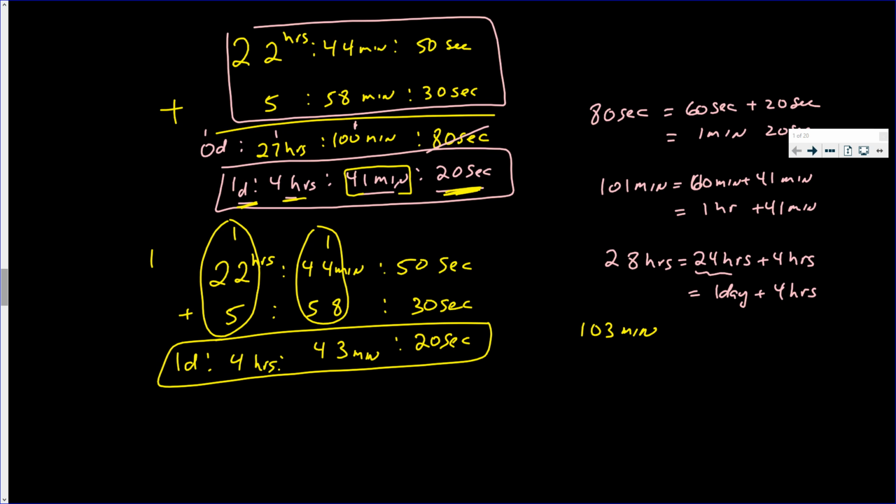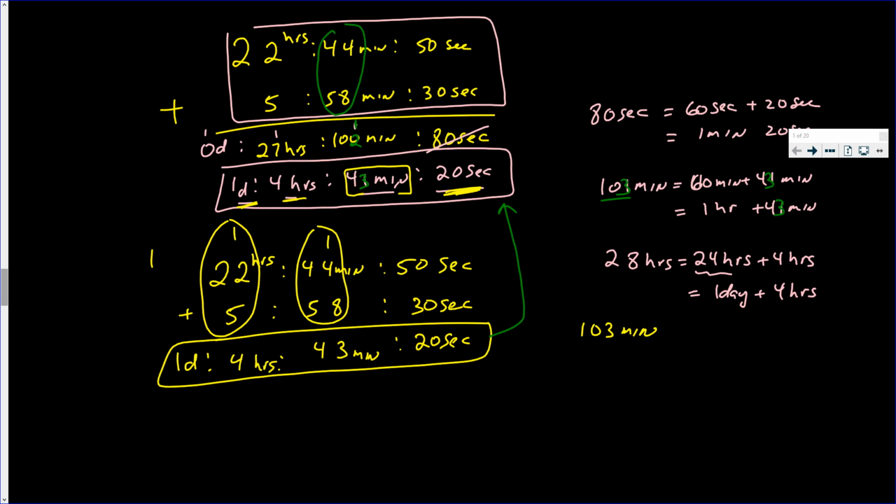We got 20 seconds and 4 hours and 1 day, but somehow this wasn't right. So let me see why. Okay, so when I added those up, I said it's 100. It's really 102. And then we had a carryover, so this should have been 103 minutes, which is 60 minutes plus 43 minutes. So I should have a 43 here. So now they match.